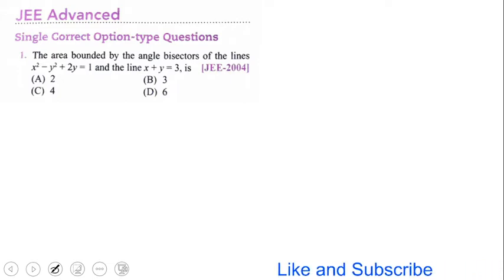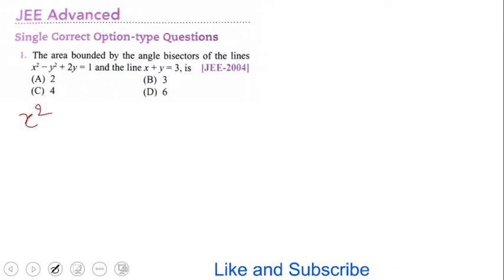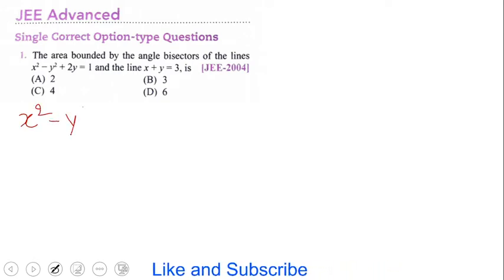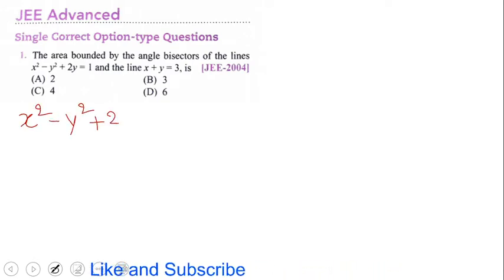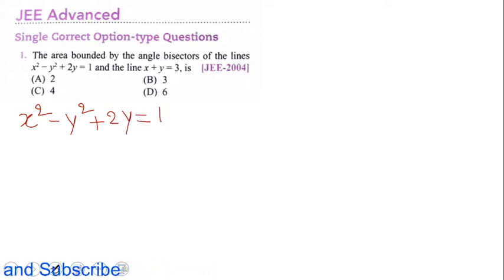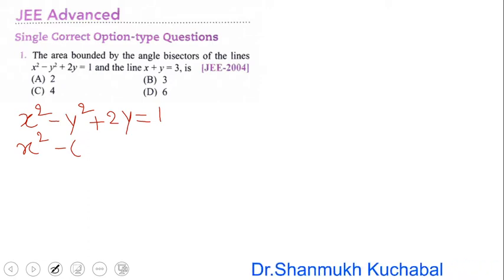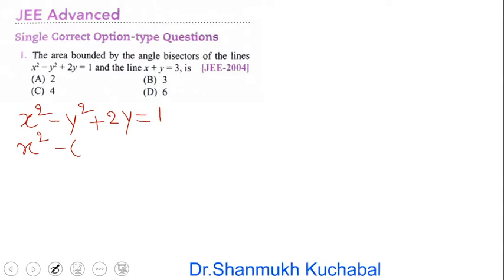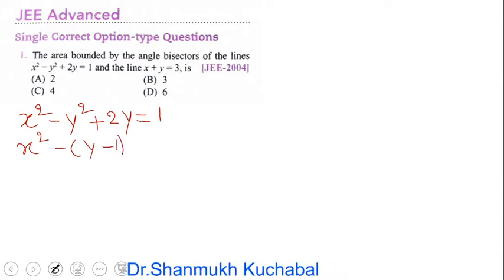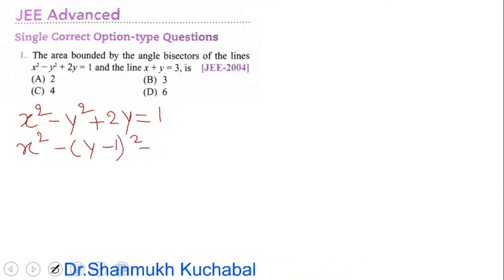One is the equation x square minus y square plus 2y equal to 1. Further, taking a minus as common from the y terms and transporting 1 to the LHS, it will be in the form x square minus (y square minus 2y plus 1). We can write this as x square minus (y minus 1) whole square equal to 0.